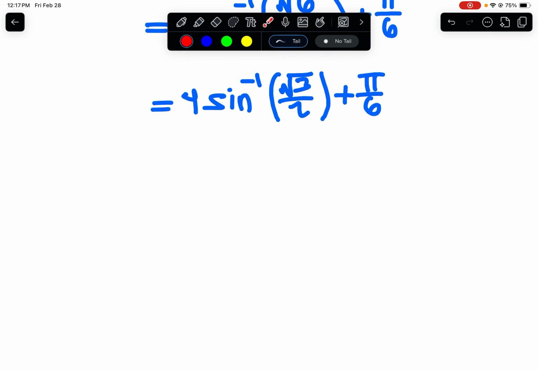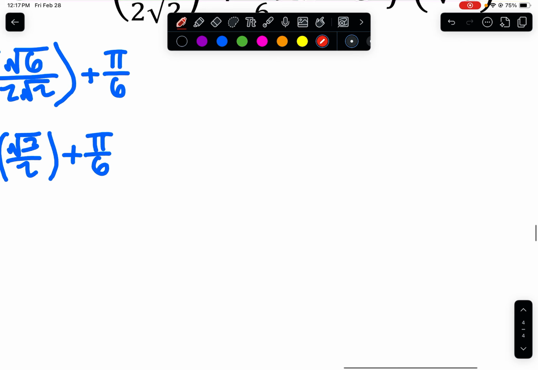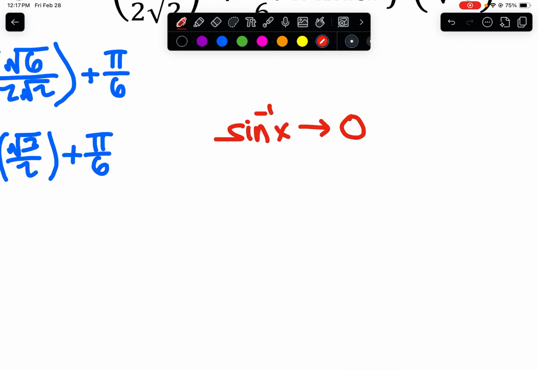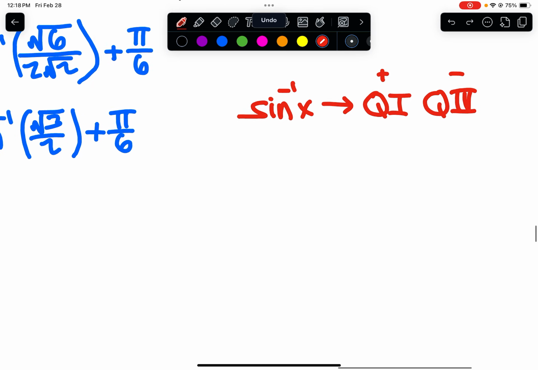And then when you get here, I can actually evaluate inverse sine of root 3 over 2. As a quick little recap, inverse sine only exists in quadrant 1 where it's positive, in quadrant 4 where it's negative. Now I want to evaluate it when the actual sine value is positive.